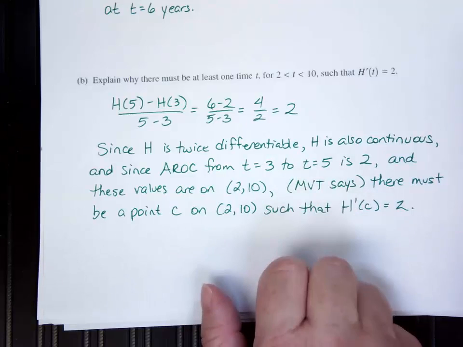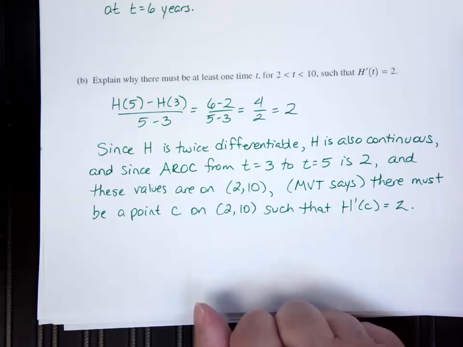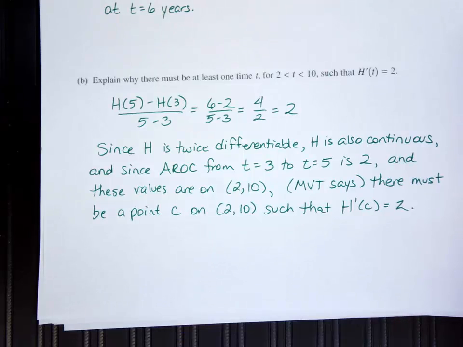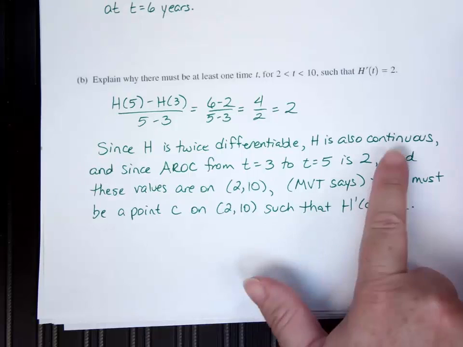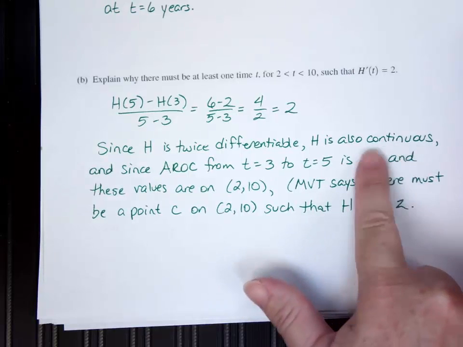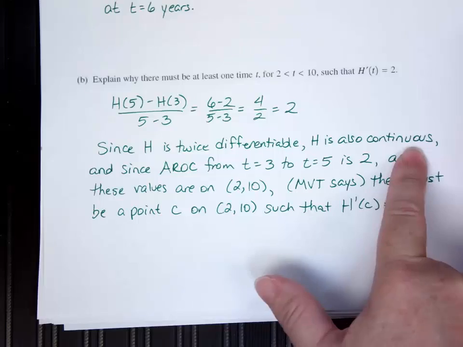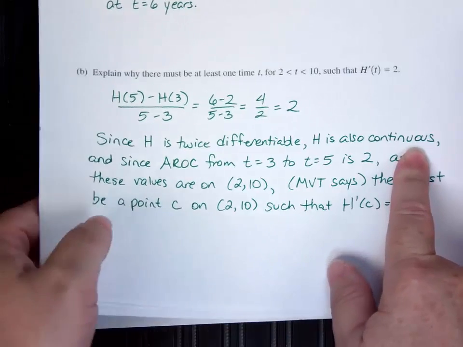So if you're not sure if it's MVT, then don't say it. Just say there must be a point such that h prime of c equals 2. These are the hard ones to get points on, so make sure you get all the bases covered. This is the one where most people fall, not stating that it's continuous as well. All right, moving on.